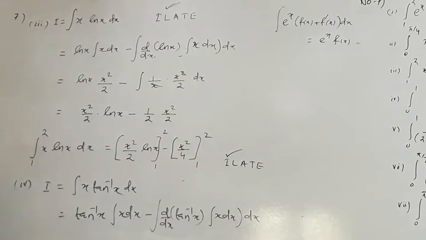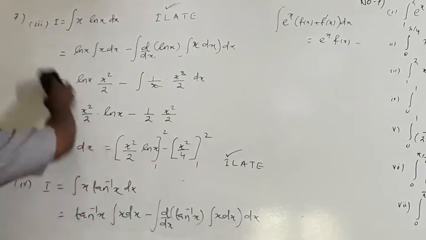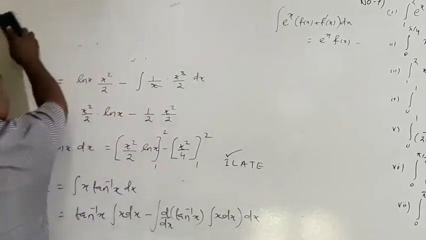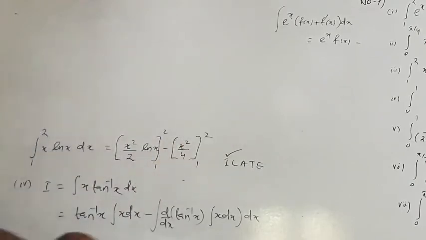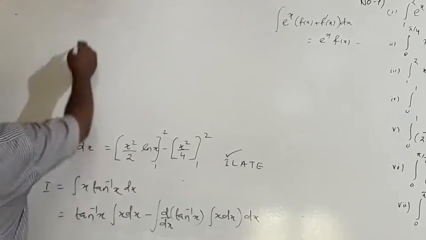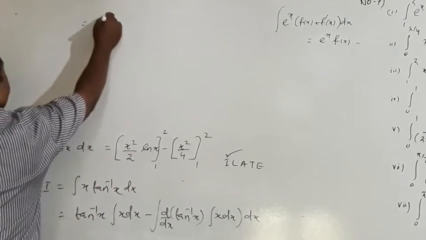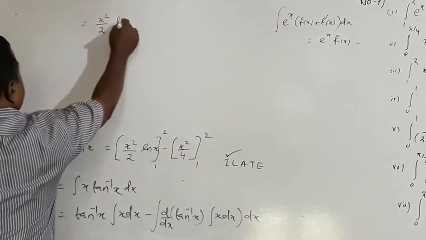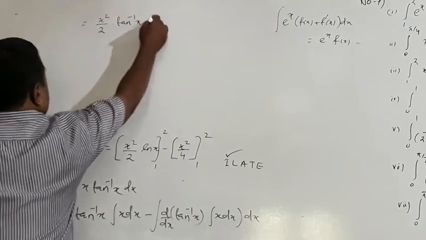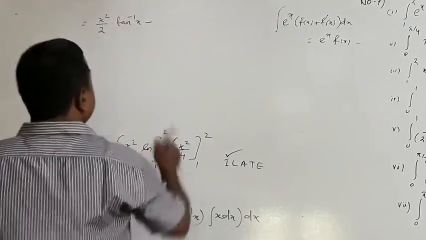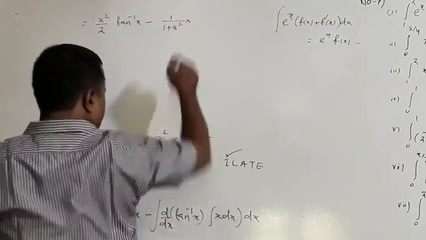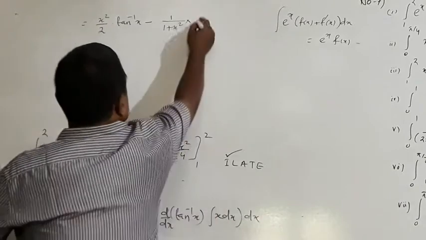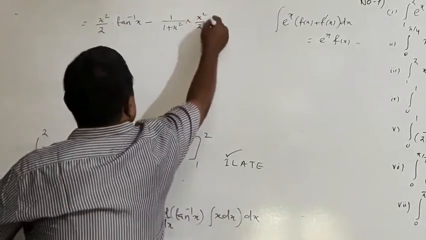So the integration of x is x square by 2. I am writing it in the first position: x square by 2 into tan inverse x, minus the derivative of tan inverse x, which is 1 by 1 plus x square, into the integration of x, which is x square by 2, dx.